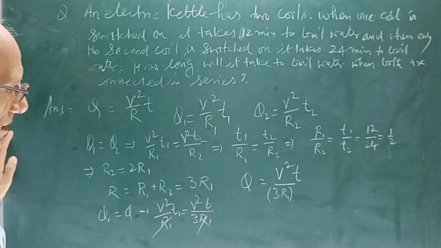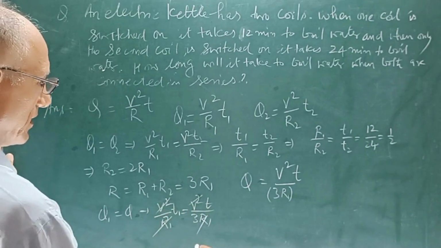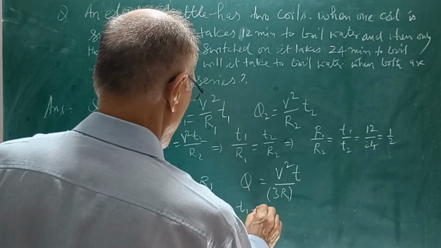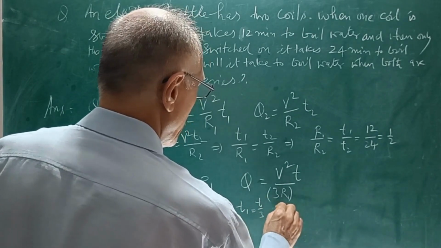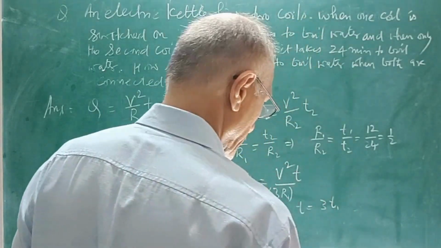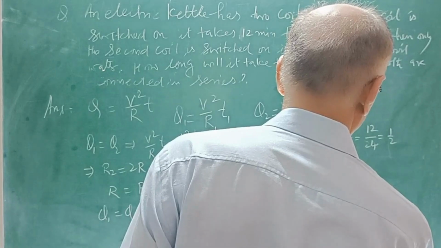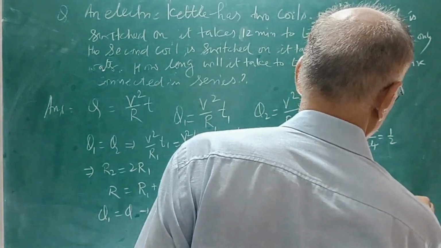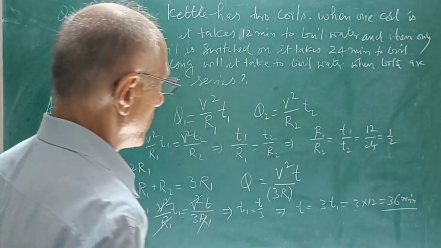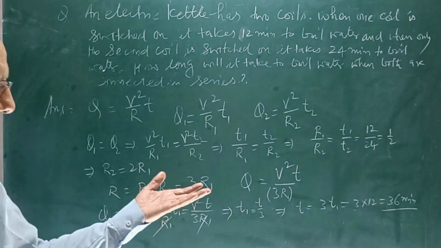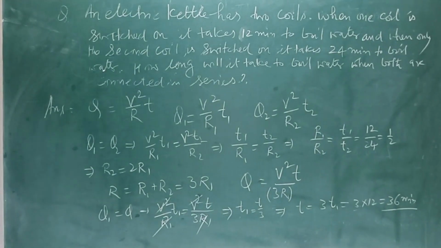R1 gets cancelled, V square gets cancelled, so we get T1 equals T by 3. That means T is equal to 3T1, that is 3 into 12, that is 36 minutes.